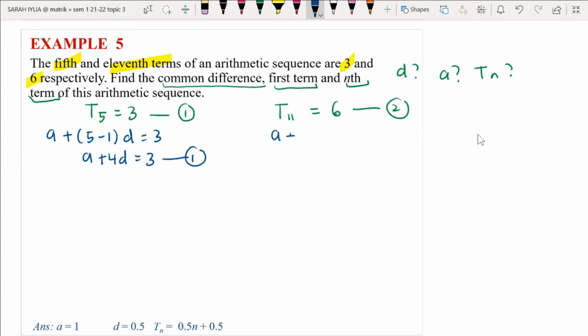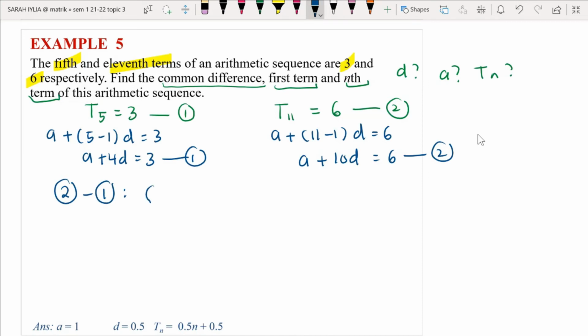So, we have A plus 11 minus 1 D equal to 6. Simplify this up. A plus 10D is basically 6. Okay. Kita dah ada dua equation. Nak cari A and D, kenalah buat simultaneous. So, saya buat second equation minus first equation. From there, we have 6D equal to 3. So, our D is basically half.